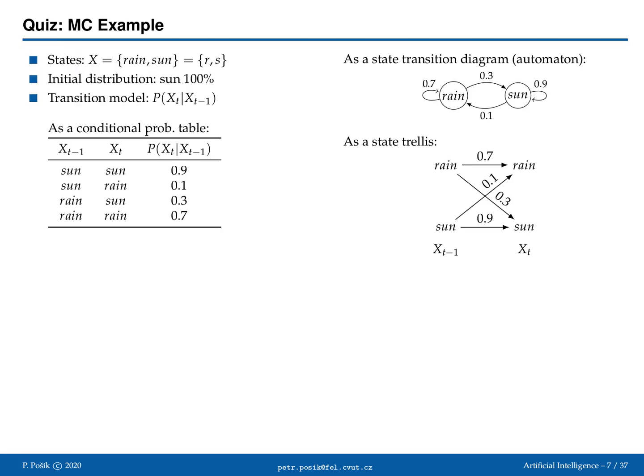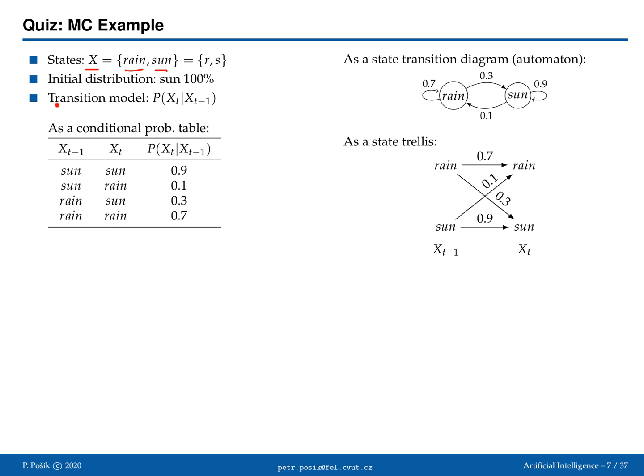This is a simple example of a Markov chain, and there will be a quiz related to it. Let's assume that we have a Markov chain that describes the behavior of the weather outside. The variable x is the weather, and it can have two values: rainy or sunny. No more values are possible.